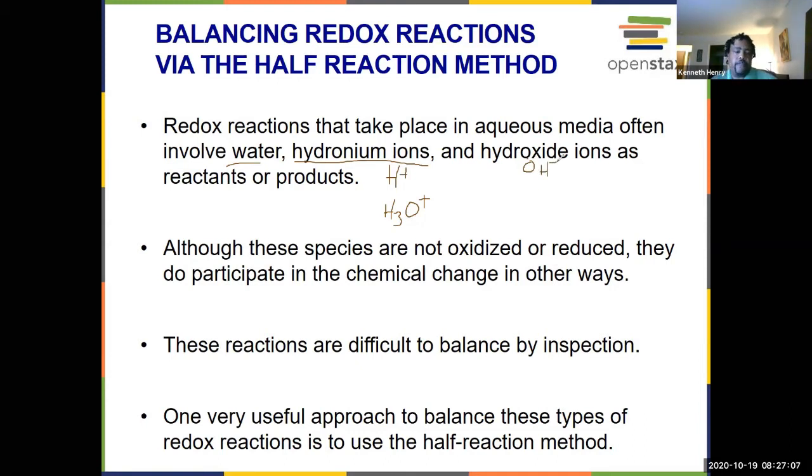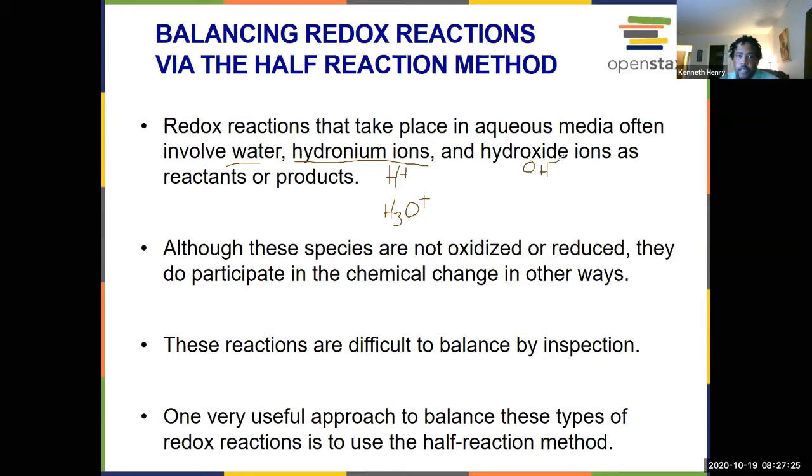We have access to this because in an aqueous solution we have an abundant amount of water, and water breaks up into the hydronium ion and the hydroxide ion. So that's to our benefit.